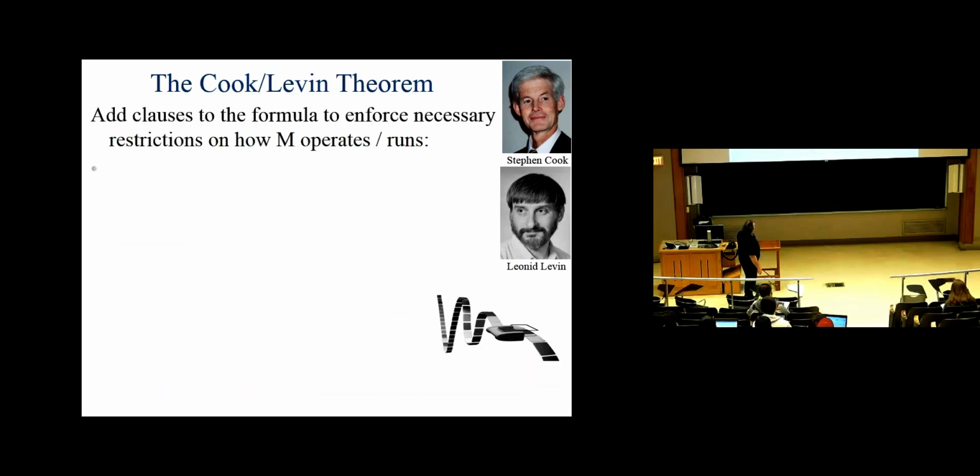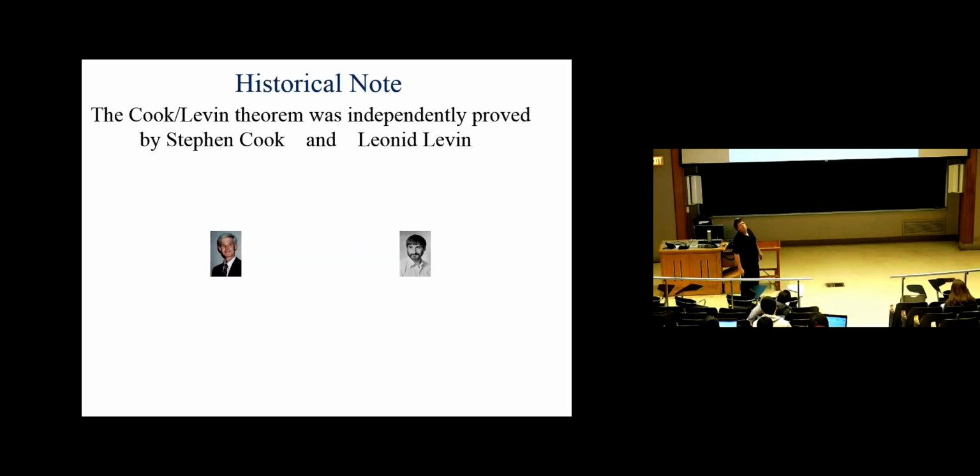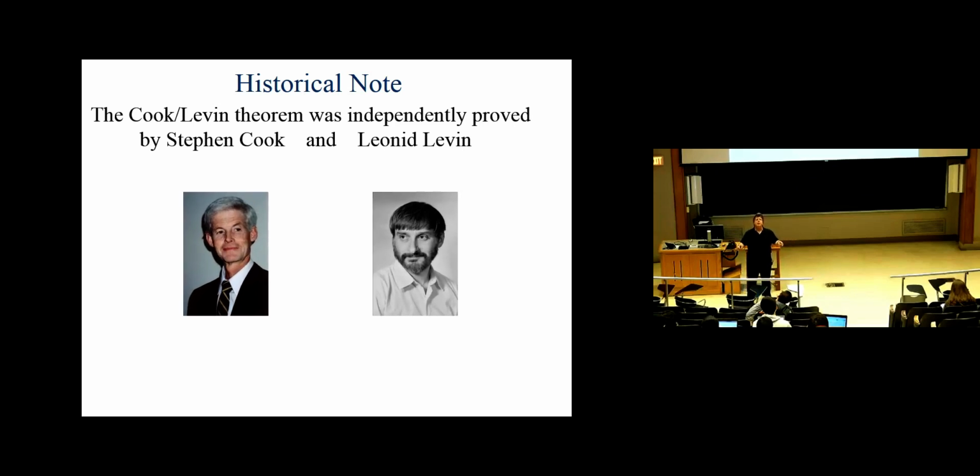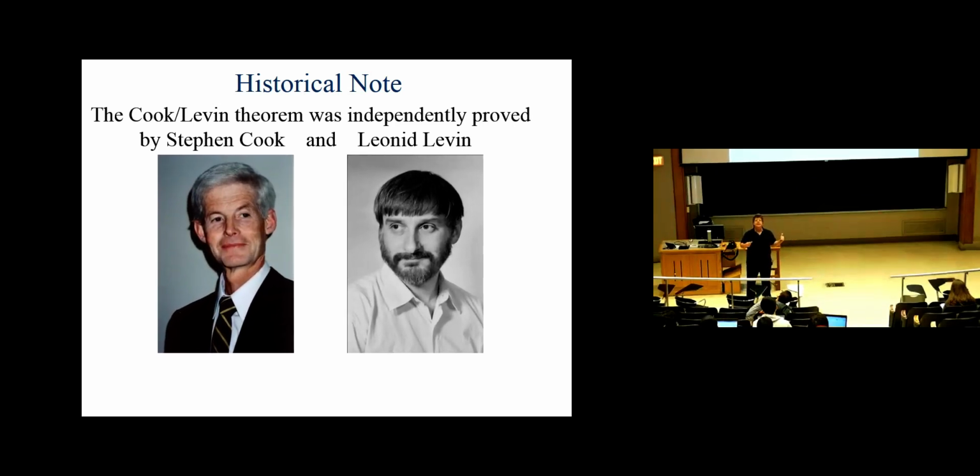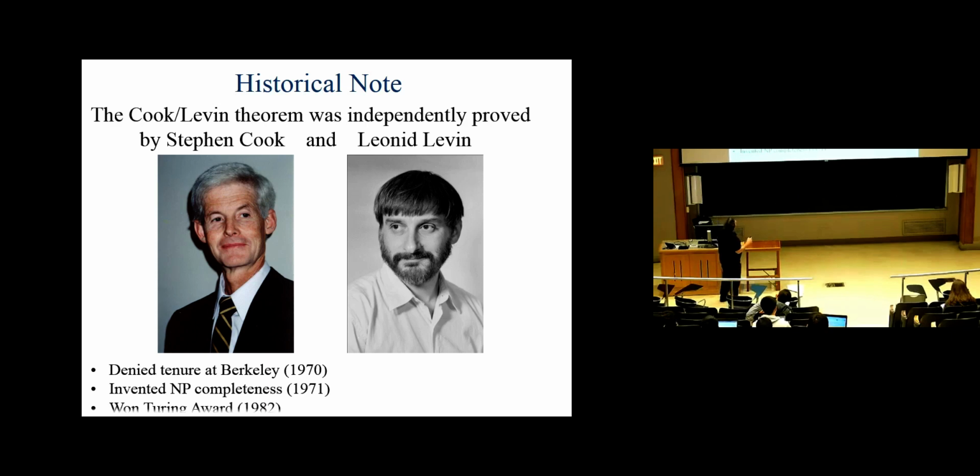You know, what happened historically is it took 10 years for people to realize that both of them came up with the same result 10 years ago in 1971. It took until like the late 70s or 1980 or so to realize this happened. And interestingly, Stephen Cook was denied tenure at Berkeley. It's probably the worst tenure decision in Berkeley's history because 10 years later he won the Turing Award for doing that.